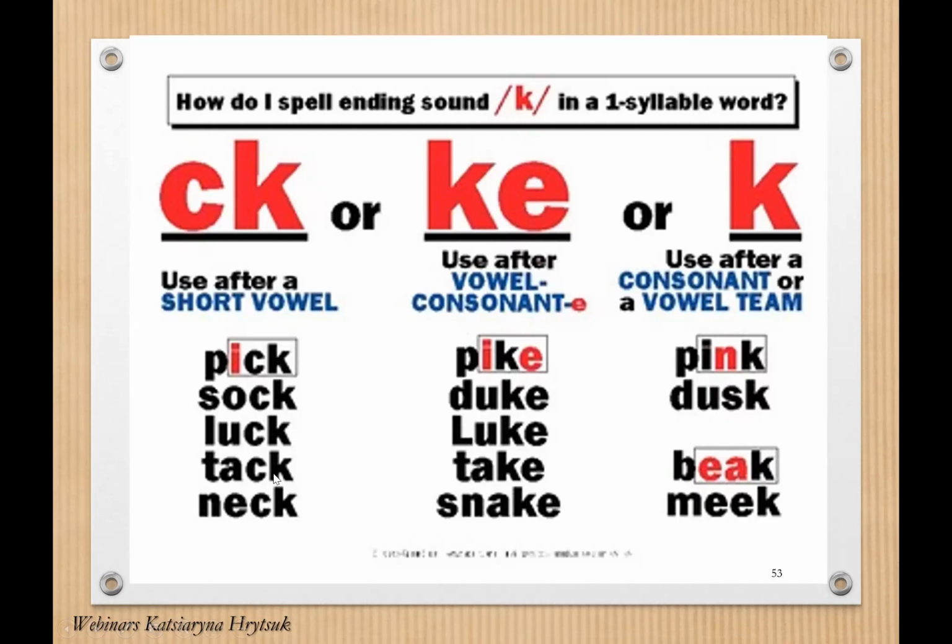Pick, sock, lock, tag, neck. Pike, duke, Luke, take, snake. Pink, dusk, beak, make. This I will ask you. When do we use CK? When KE? And when just K?